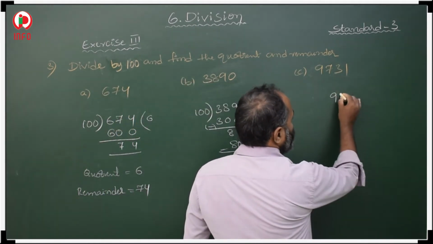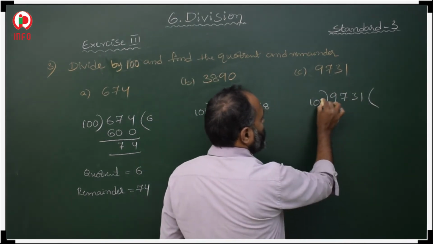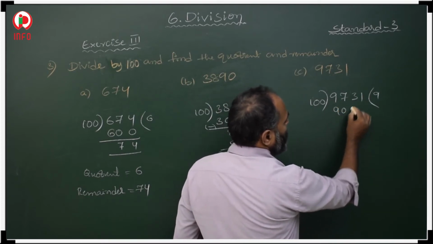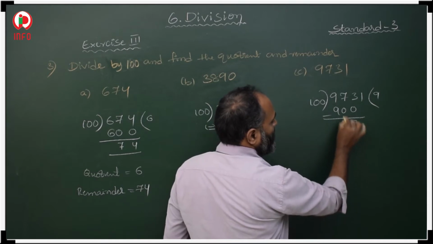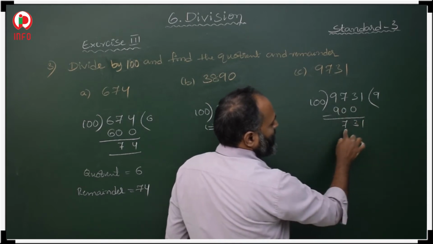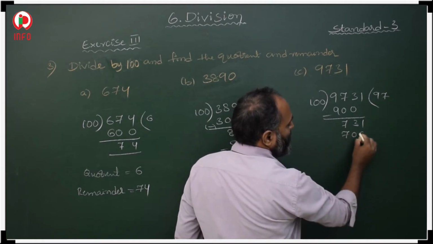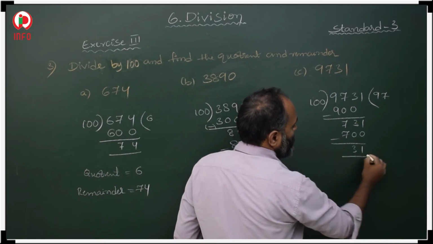Now 9731, when we divide it by 100, here 9 is there, 100 9s are 900, then 3 minus 0 is 3, 7 minus 0 is 7, 9 minus 9 is 0, do not take. Here 7 is there, 100 7s are 700, then 1, 3 minus 0 is 3, 7 is 0 7.